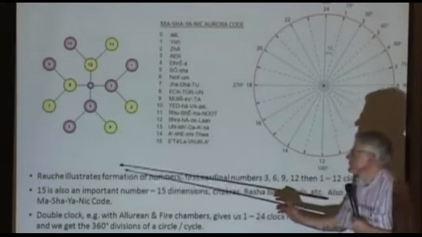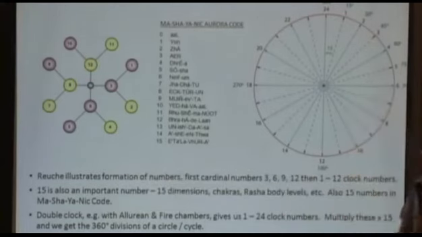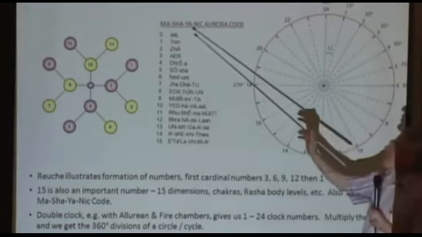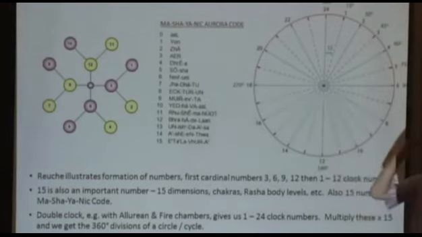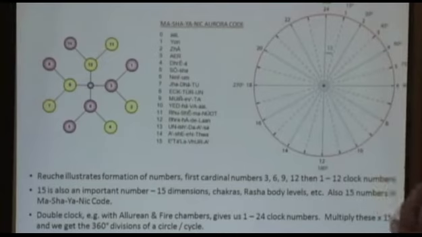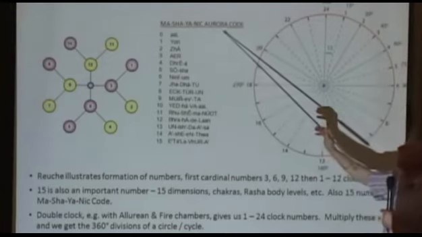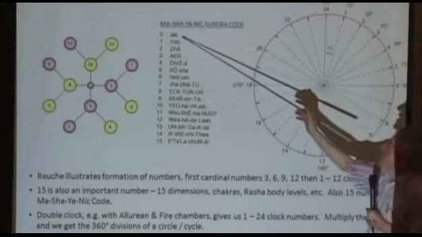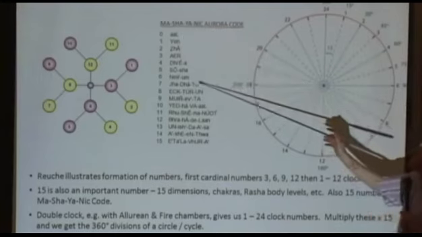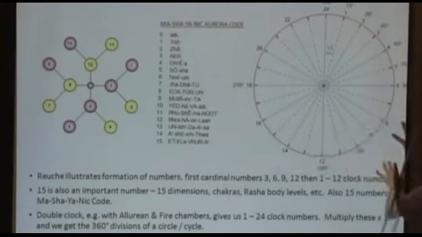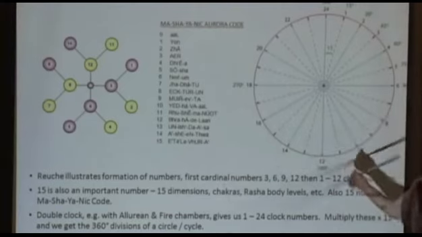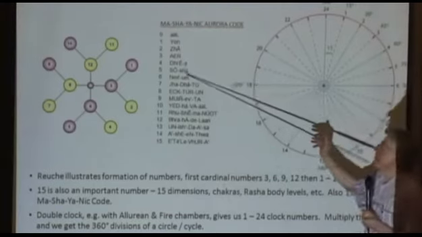Now, in addition to the 12 being an important number, 15 is also a very important number in crystallic structure. For example, where we have an enumeration of the numbers in creation, in the Messianic Aurora code, where we're given the original sound tones for the numbers, we get 15 numbers enumerated.